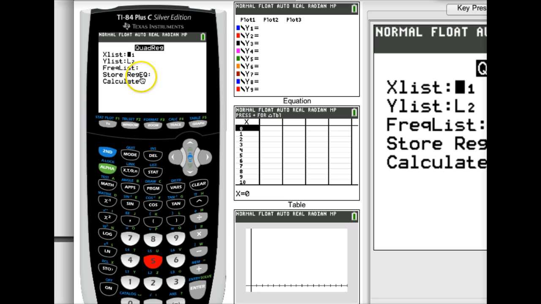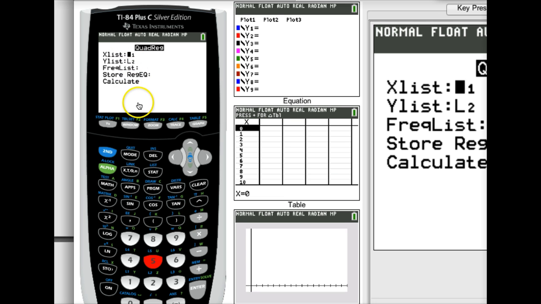Now, a key, if you want both of these quadratics in there at the same time, you paste the first one in your Y1. But when you go to do the second quadratic regression, don't forget to change your list, because for the truck values, your X list is still L1, but your Y list is L3, and you would want to paste that into your Y2. So just please be thinking about what you're pressing into the calculator.